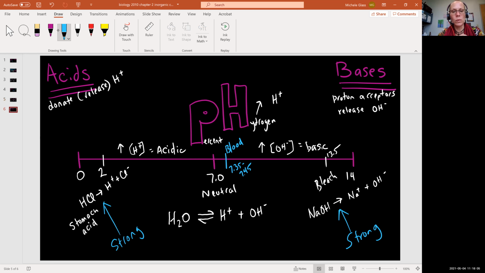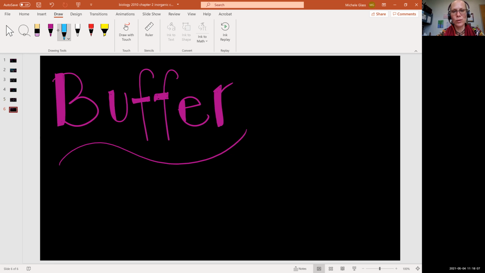Weak acids and weak bases make great buffers. A buffer is going to temporarily store or release hydrogen ion into solution, depending on the need.